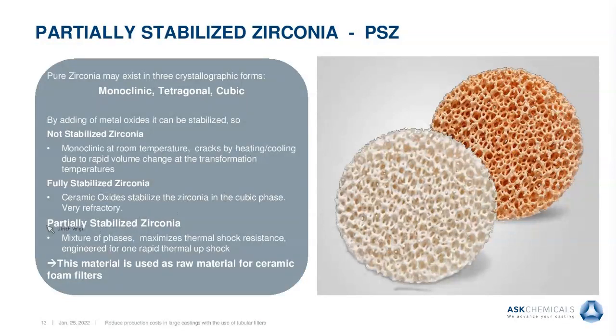That means partially stabilized zirconia. It is a mixture of different phases, and it is maximized for thermal shock resistance and is mostly used as a raw material for ceramic foam filters for high pressure and load applications.